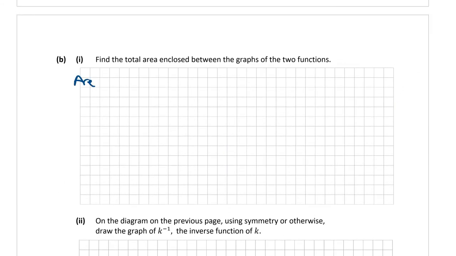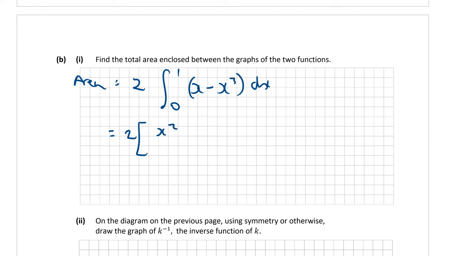So area is equal to twice the area, because we're just doubling it, between 1 and 0 of x minus x cubed dx. That's going to be equal to twice x squared over 2 minus x to the power of 4 over 4 between 1 and 0.